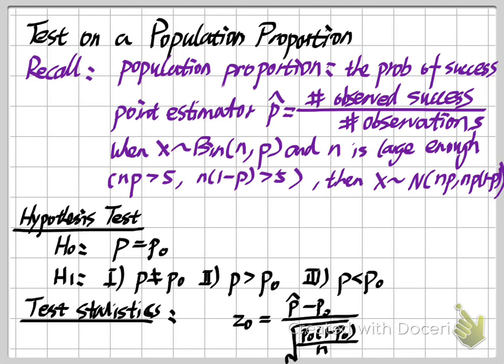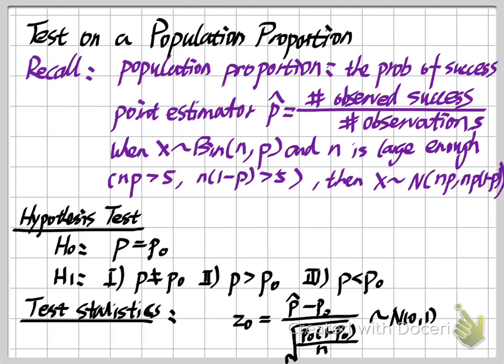By our knowledge of X, when n is large enough, X is also a normal distribution with mean np and variance np(1 minus p). Based on this, this z statistic follows a standard normal distribution, with mean 0 and variance 1.